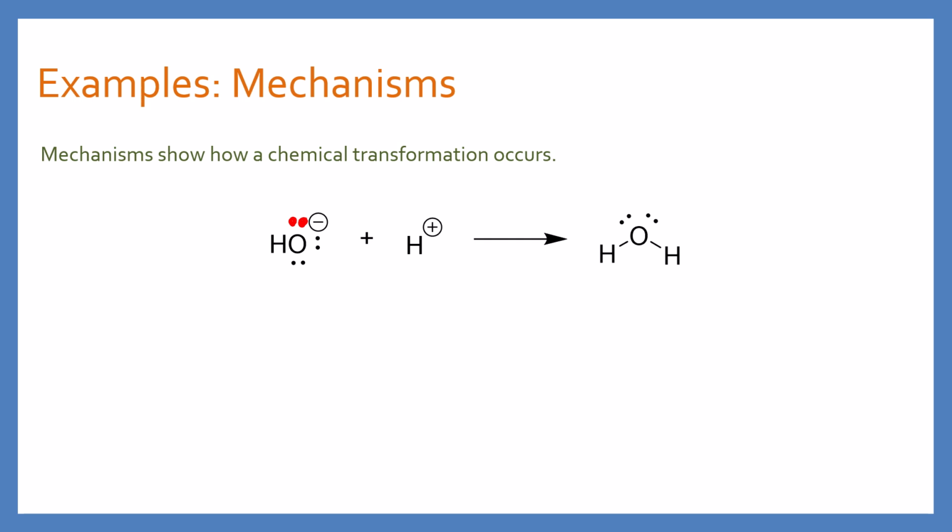So one of these pairs of electrons can be used to make a bond to hydrogen. So notice my arrow is starting over on my electron pair and it's pointing to the hydrogen because I'm using it to make this covalent bond. So those electrons end up in that covalent bond.